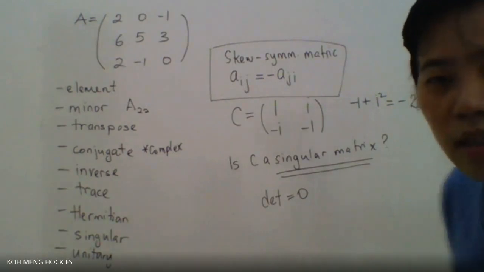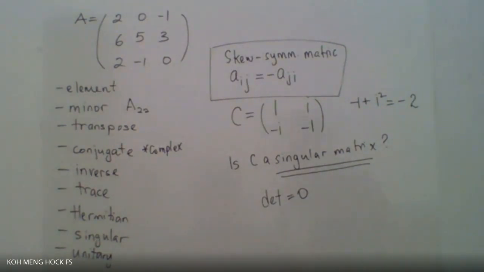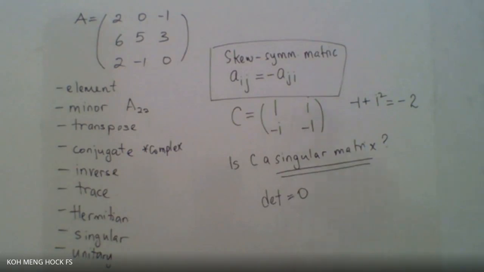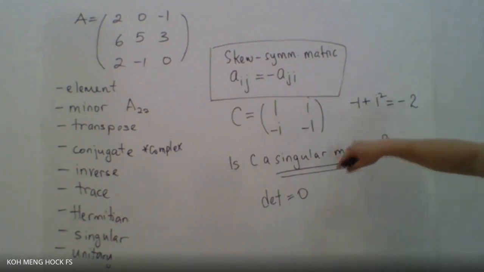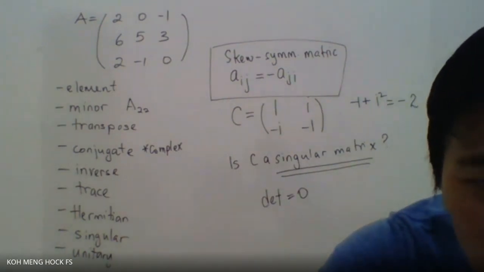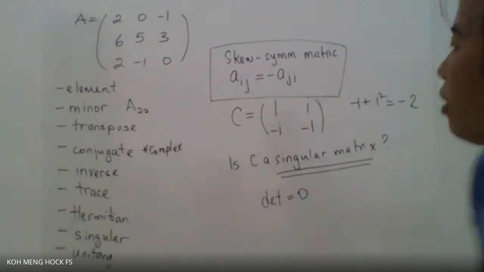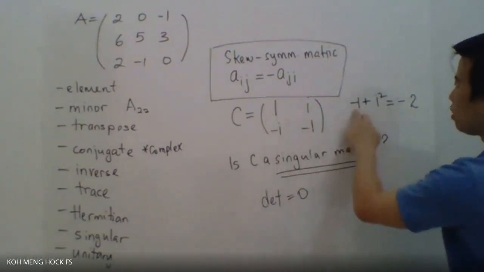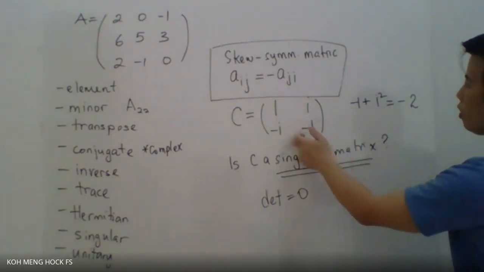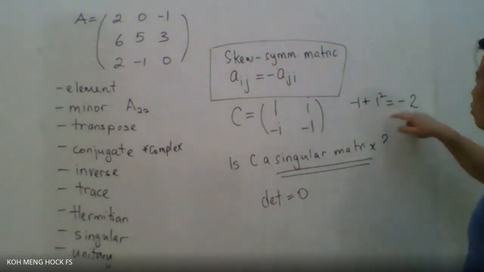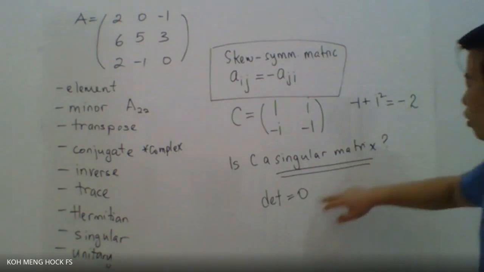Okay, just double check, did I give you the wrong one? No, right, correct. So in this case, this times this is -1, -1, minus, and you cancel with this one. So this is i squared. So -2. The determinant is not equal to 0.